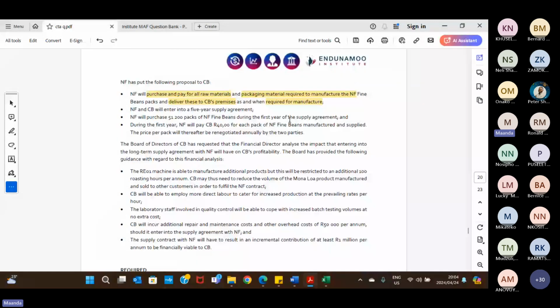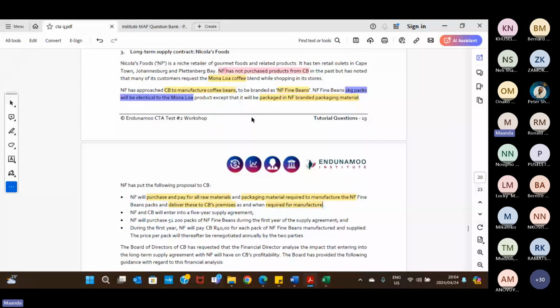And when we are done, you don't have to worry about the packaging. I will do my own packaging. What I want from you is to use your resources, your skills and whatever recipe that you have to manufacture and give me the final product, and then I will brand it. So that's what they want, right?